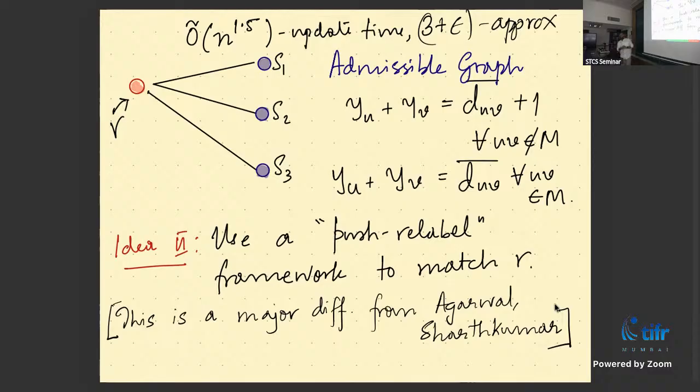But I look at only those edges which satisfy this condition with equality, so it's tight according to this dual feasibility condition. And what I do is extremely greedy. I just say that you get matched to just one of them arbitrarily.